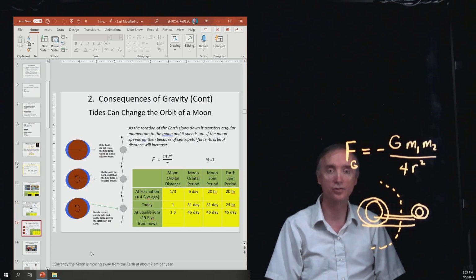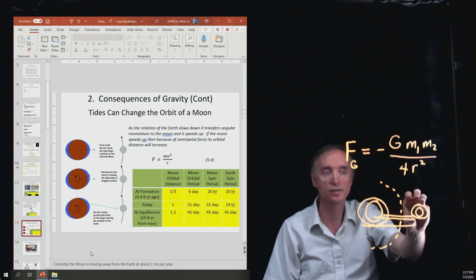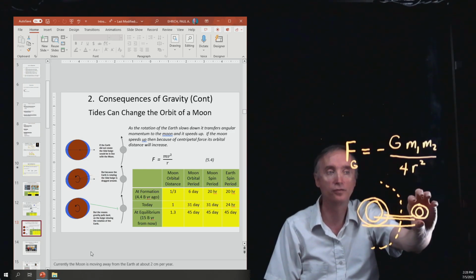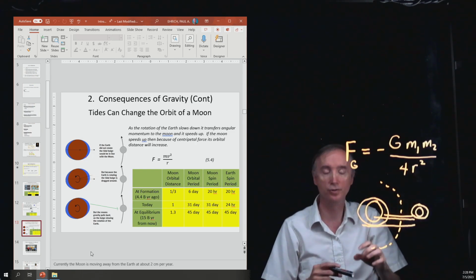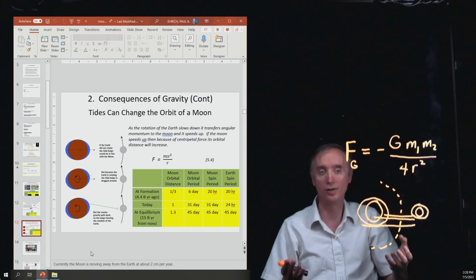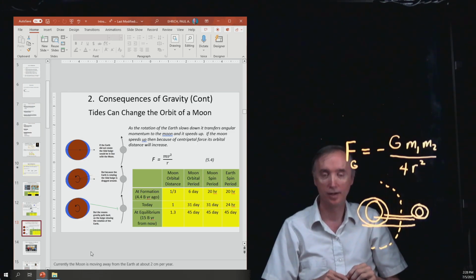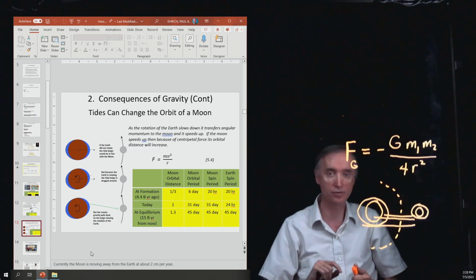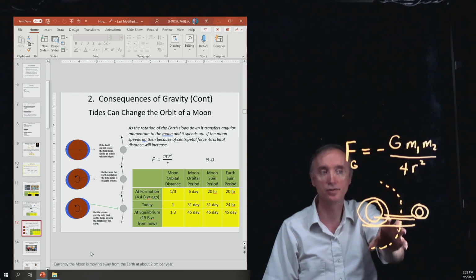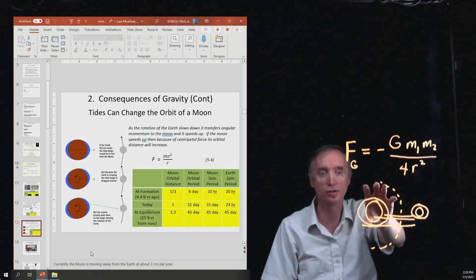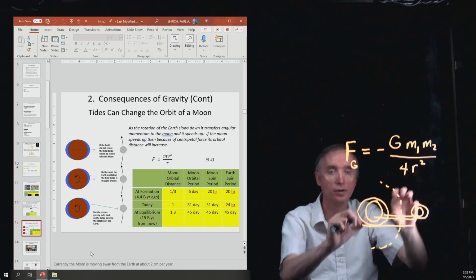Another thing that it can do is it can cause the moon to move further away from a planet. So our moon is actually moving away from the Earth at a rate of about 1 centimeter per year. You don't need to know why, but it's explained in that picture there if you want to read it. So just know that tidal forces can cause an object to move further away.